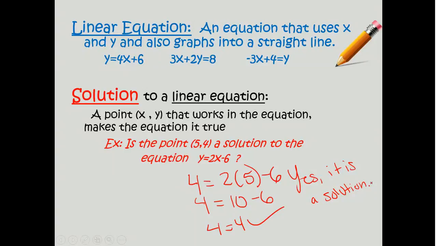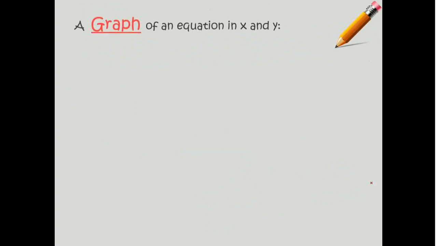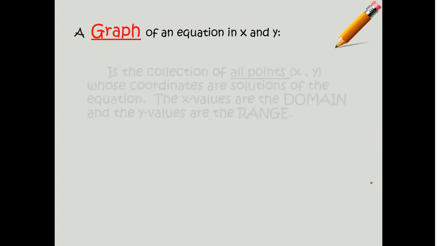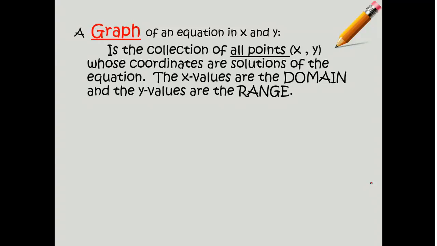Now, what does it mean to be a solution? And what does this graph do? Well, a graph of an equation in x and y is a collection of all the points whose coordinates are solutions. And remember, the x values are the domain and the y values are the range. We already covered that.